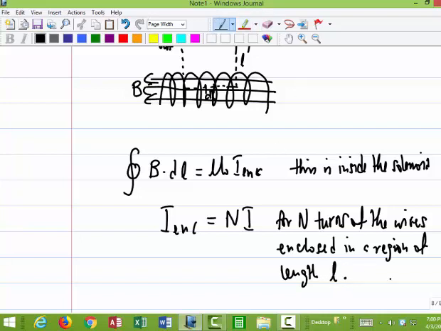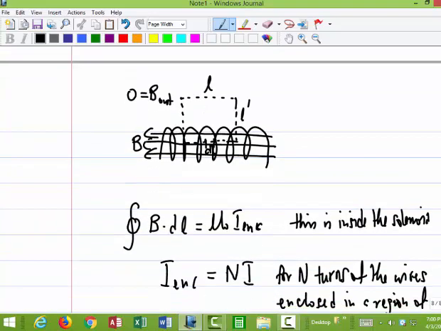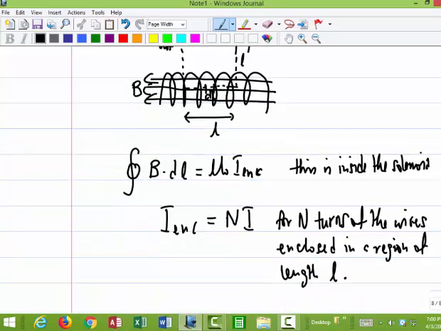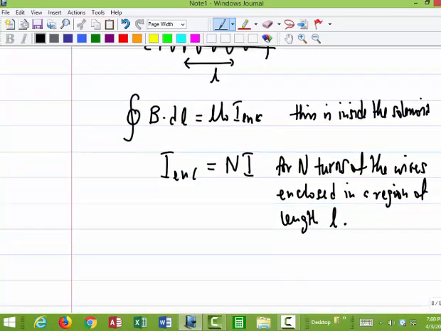Okay, so this region is what we are talking about. This region has length l, and there are n wires in there. Whatever the count, we have n wires in there. So the current enclosed is n times I. So after Ampere's law, B times l should be equal to mu naught n times I.